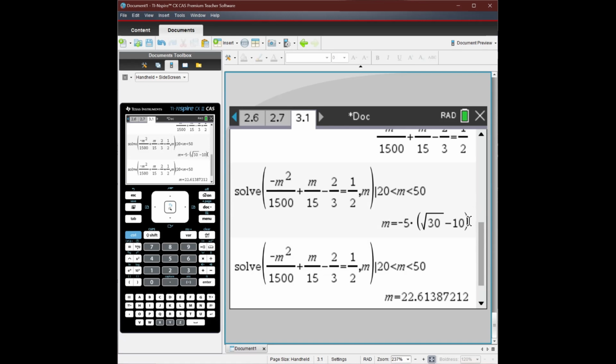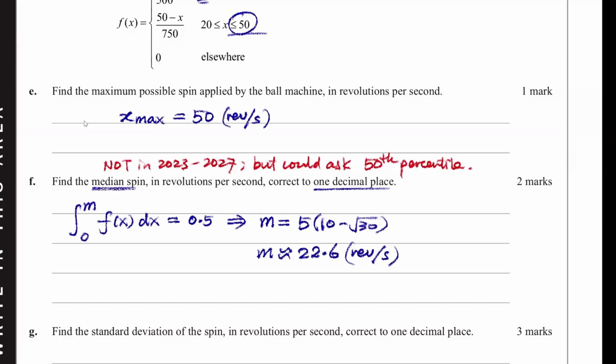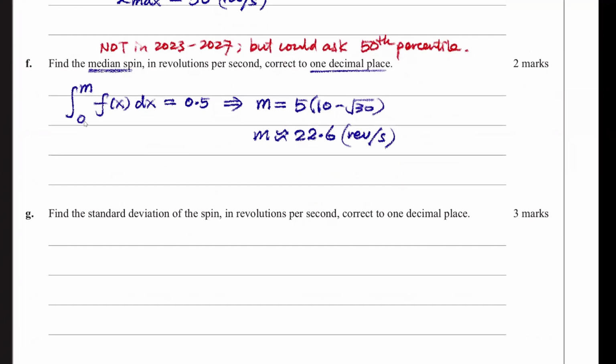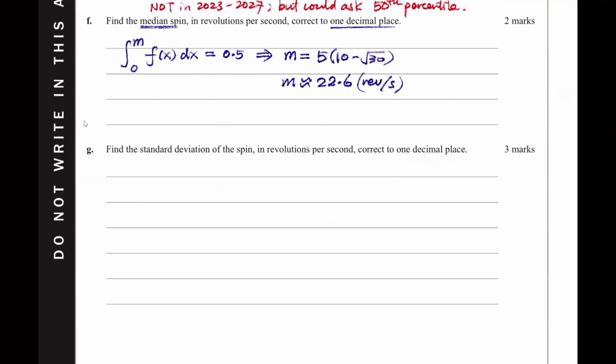Okay. So we'll have a look at the next part. Okay, next. Find the standard deviation of the spin in revolutions per second correct to 1 decimal place. So I think I would need to demonstrate some calculations here.